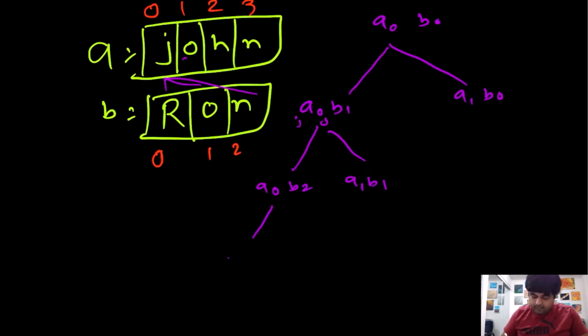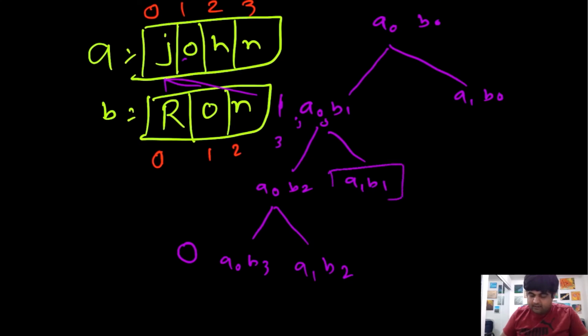If we move on, we do A of 0 and B of 3, but notice that B of 3 is actually a null value over here. Since there is a null value, we cannot return anything, so this becomes 0. We return 0. Now, do we still have a possibility? Yes, we have the possibility to calculate A of 1 and B of 2. But now let's elaborate on this portion.